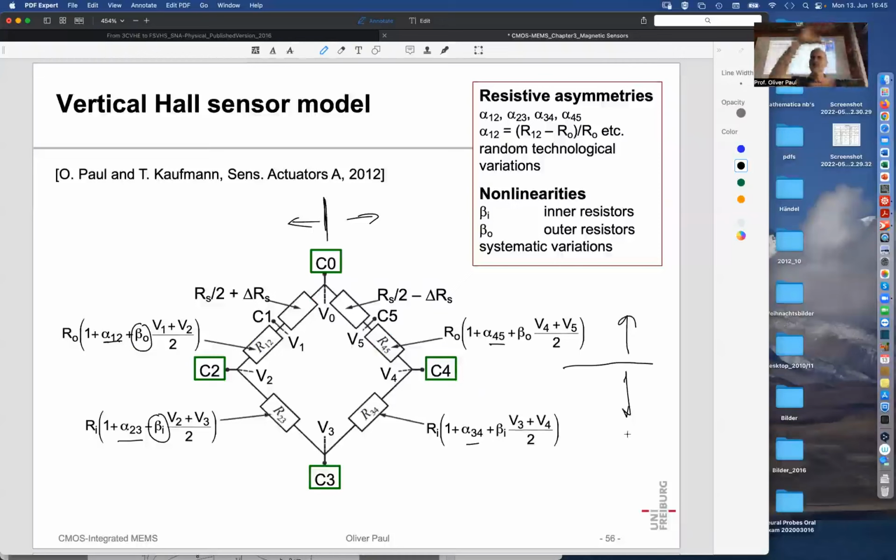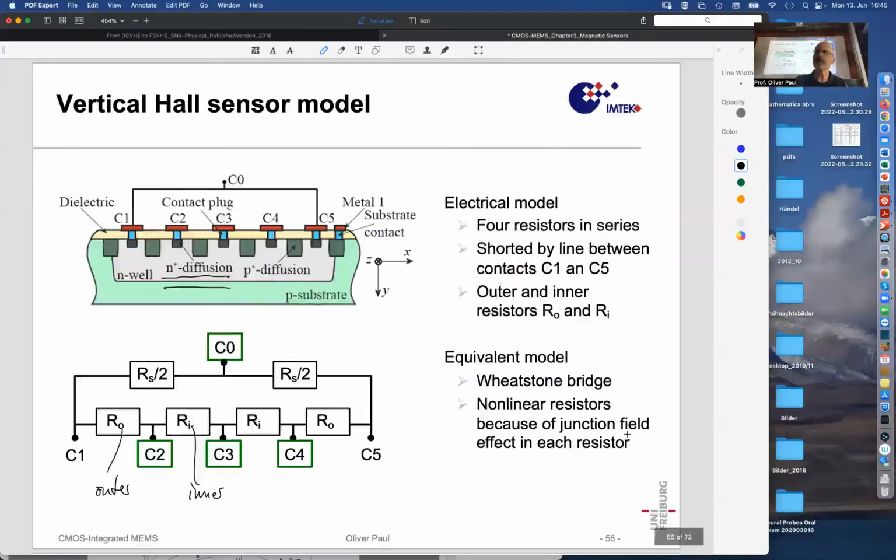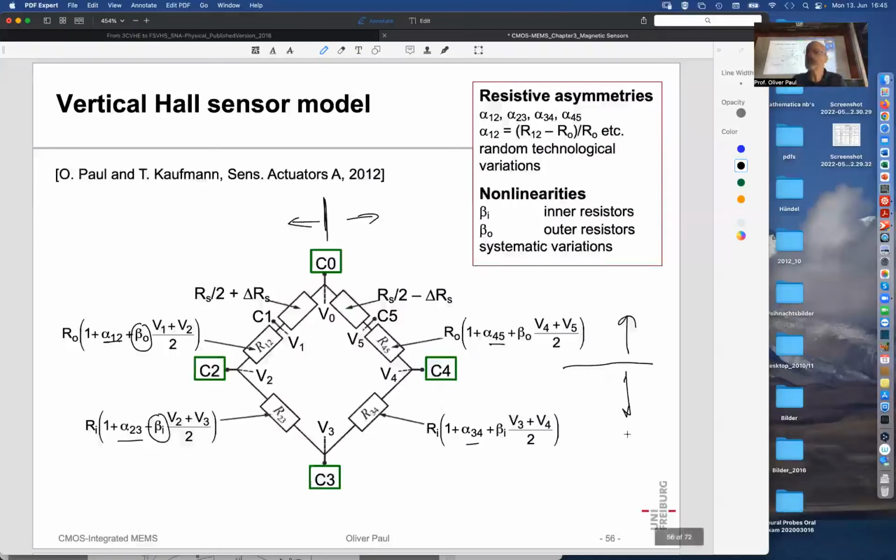We always do these Hall plates in a symmetric way, and that has not only an aesthetic purpose, it makes the sensor better. And here we can't do that because the structure is like that. It has this built-in asymmetry, or still symmetric, but not as symmetric as we would like to have it.